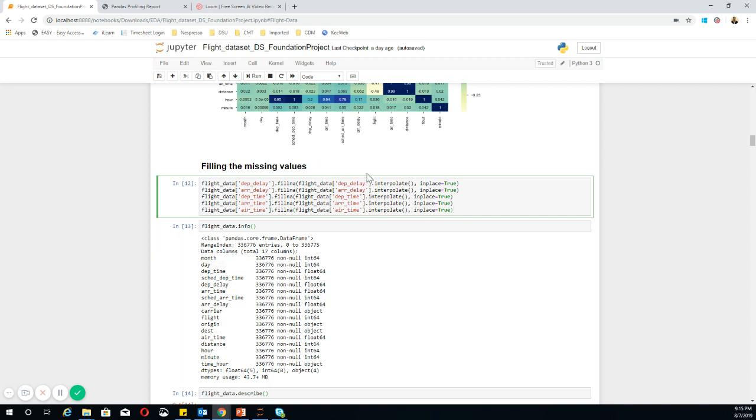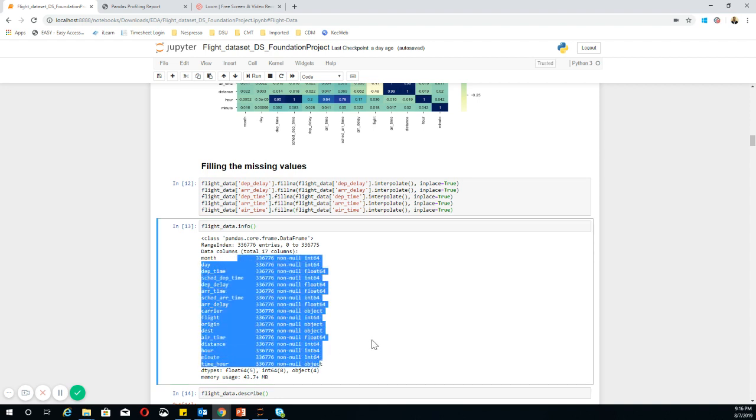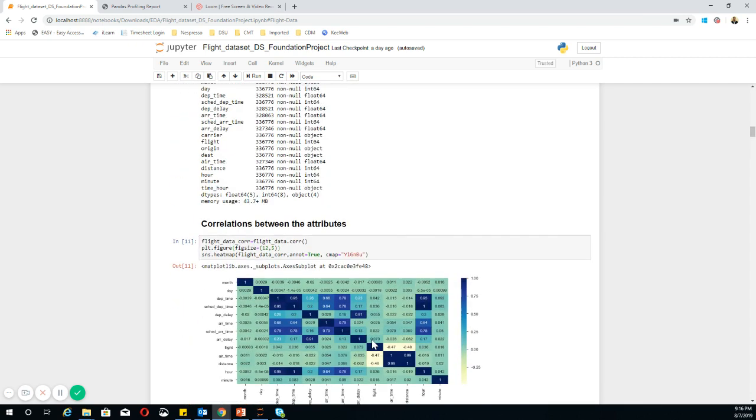I used this function for all of the attributes having missing values, and later I ran info again, so you can see all the columns have the same number of rows.